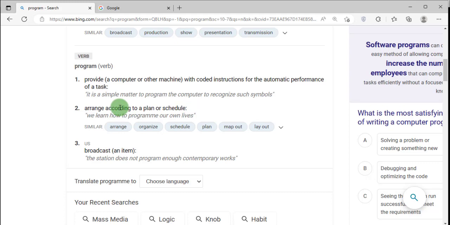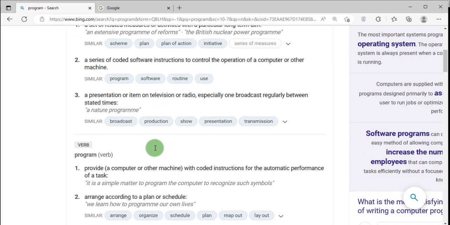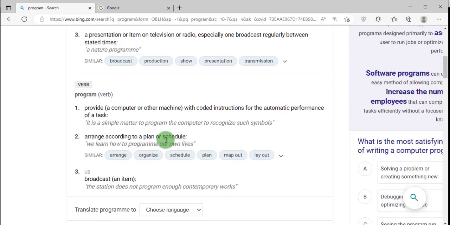We want to arrange an activity, which we have discussed in the first definition. This is the third requirement of this program that we need to have in our mind. We need to remember.